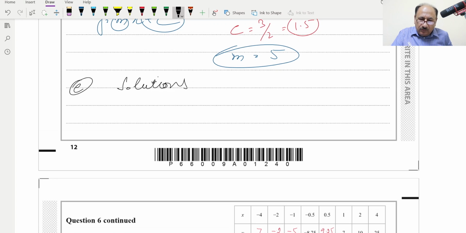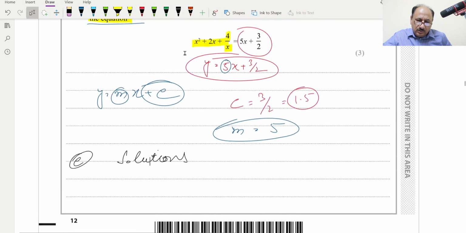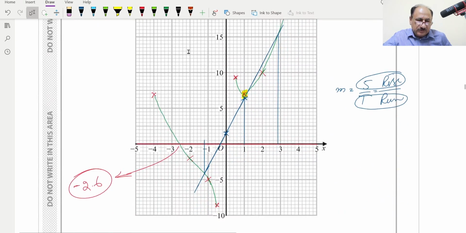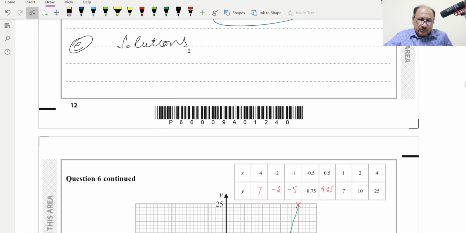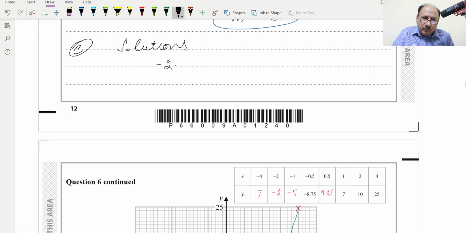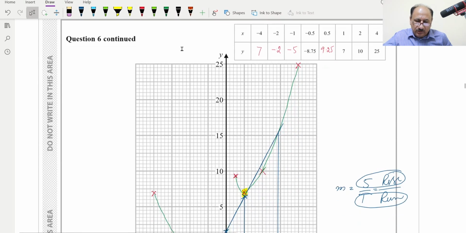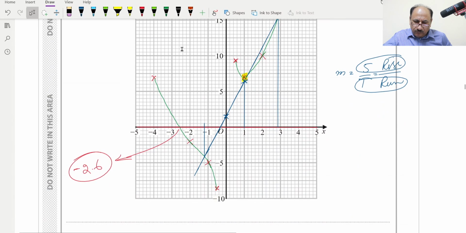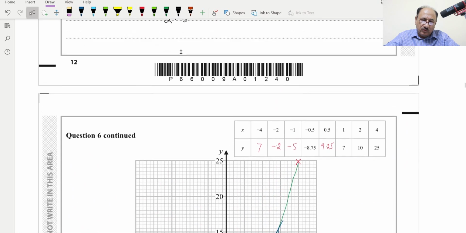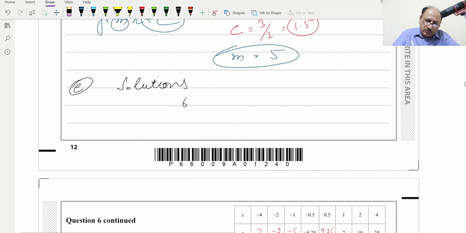Solutions will be, one will be minus 2.6, and the next value will be, no, not 2.6. Basically we have to check these solutions. This point is minus 1.2. So this will be minus 1.2.